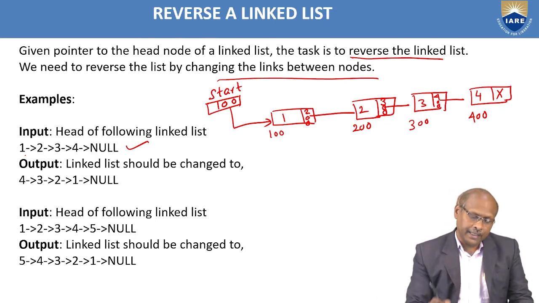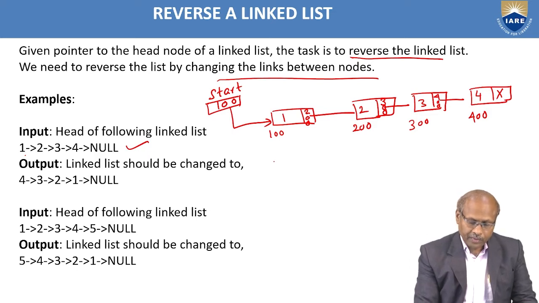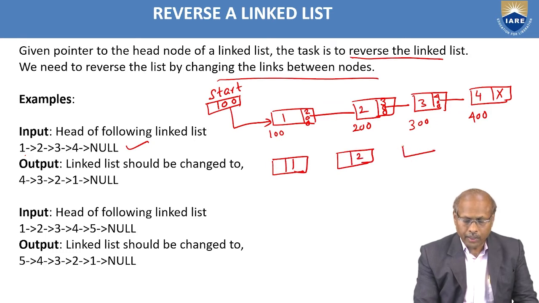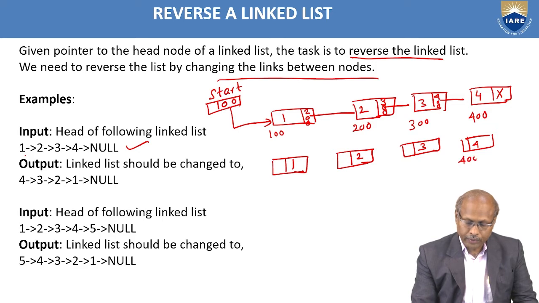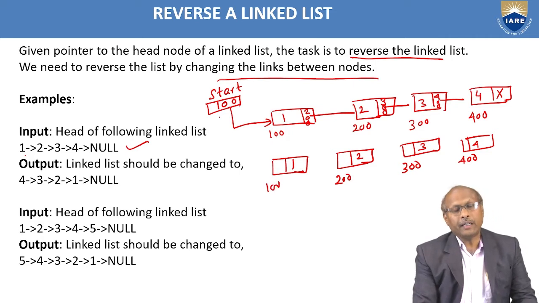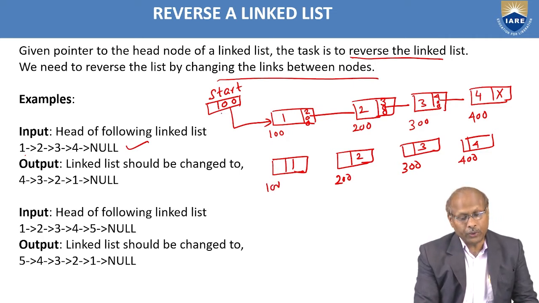Now after reversing, what do you have to get? You have to get 1, 2, 3, 4, and the links are how much? 400, this is 300, and this is 200, this is 100. So in the original list, the start is pointing to 100.